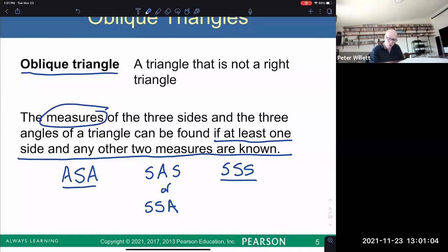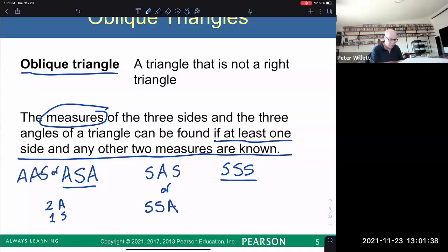And we can find out all three sides and all three angles if at least one side and any two other measures are known. You need to know one of the sides. If you just know all three angles, well, there's no way to know what the sides would be. But if you know one of the sides and any two other measures, which would be angle, side, angle, or basically two angles and one side, angle, side, angle, or possibly angle, angle, side.